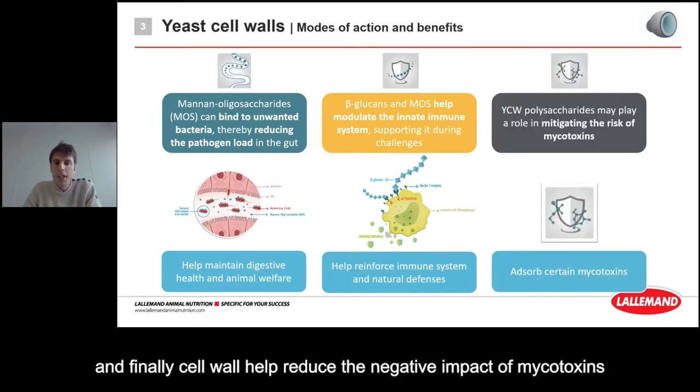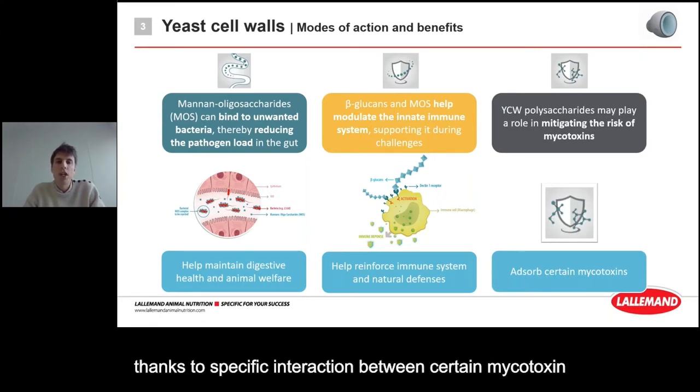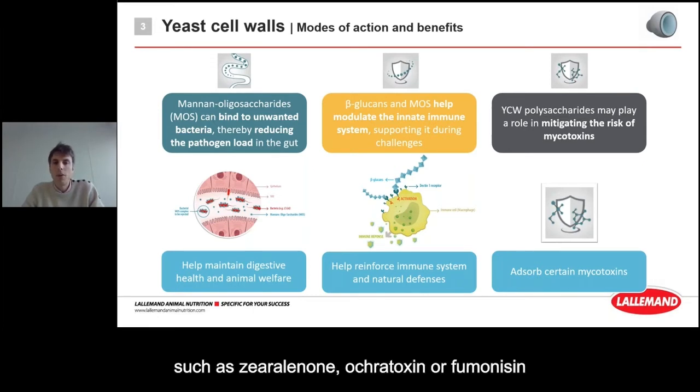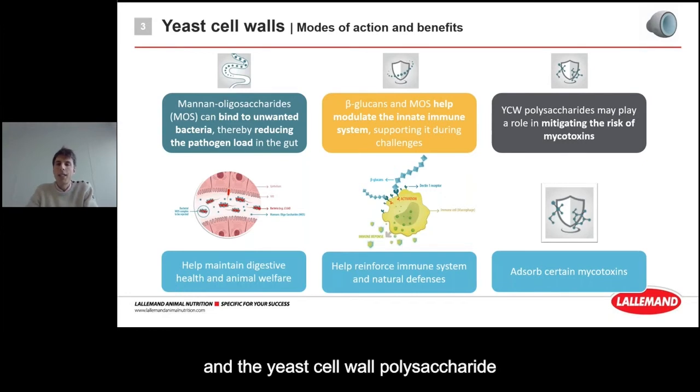And finally, yeast cell walls help reduce the negative impact of mycotoxins thanks to specific interaction between certain mycotoxins, such as zearalenone, ochratoxin, or fumonisin, and the yeast cell wall polysaccharides.